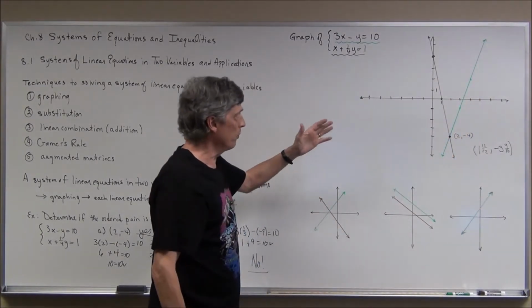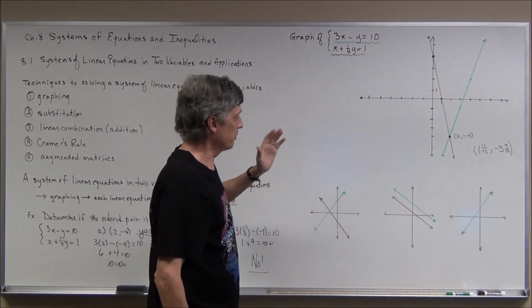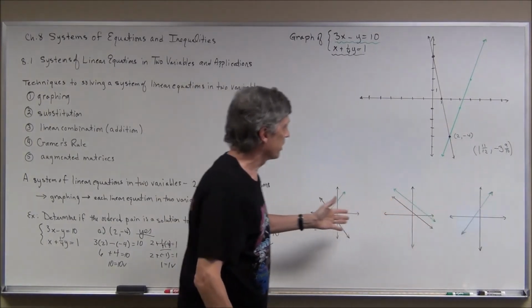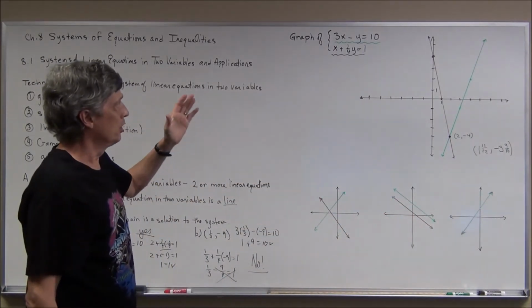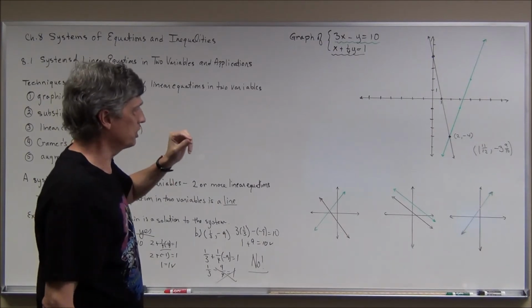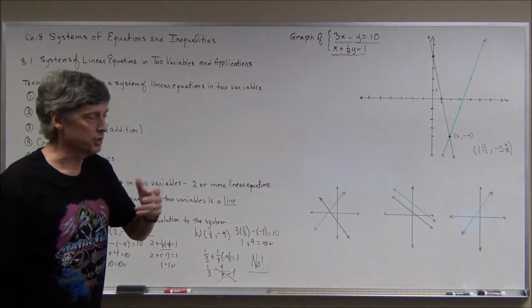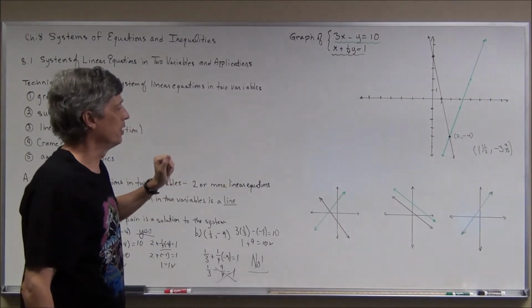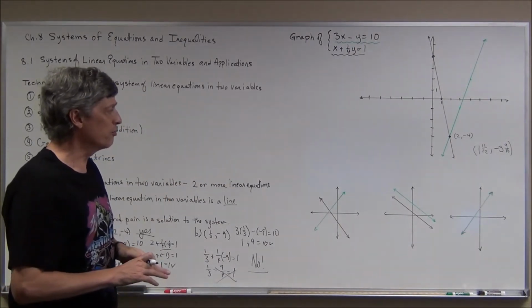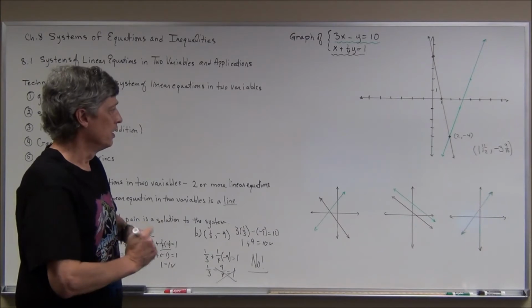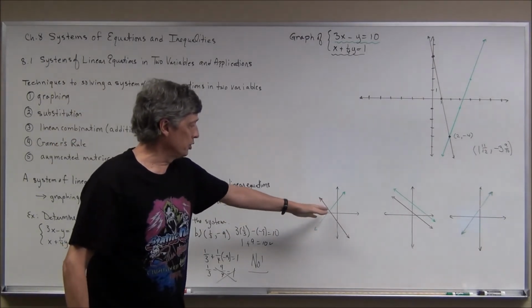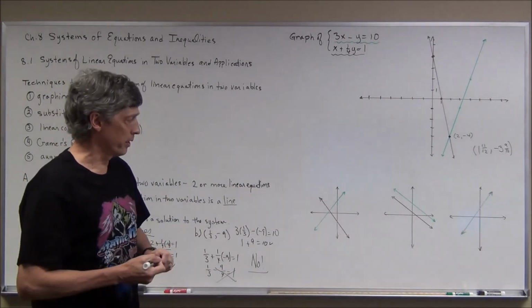So if we have a 2x2 system, I wanted to bring in these diagrams right here. When you graph two lines, because a 2x2 system means two equations, two variables, two linear equations, two variables right now, that's what we're dealing with, then you're going to graph two lines. One of three things can occur. As in this example, the two lines may intersect at a single point.